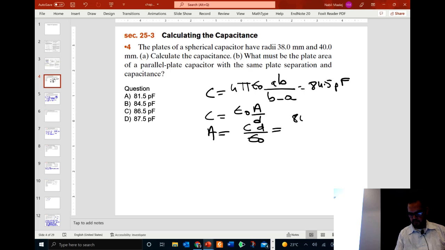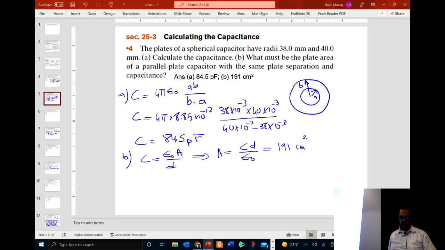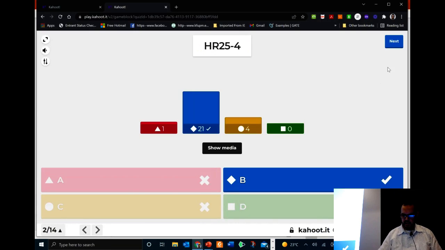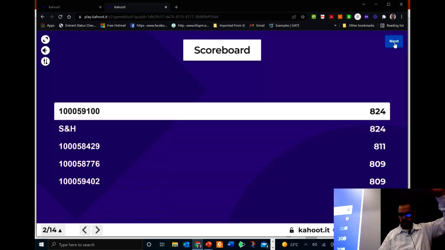So this is 84.5, pico is 10 to the minus 12, times D, which is 2 millimeters, 2 times 10 to the minus 3 meters, divided by epsilon 0, 8.85 times 10 to the minus 12. And when you do that, you find that the area is 191 centimeters squared. Next problem. Clear?